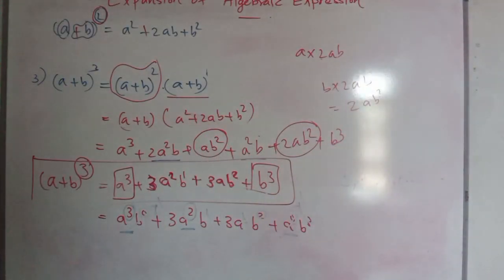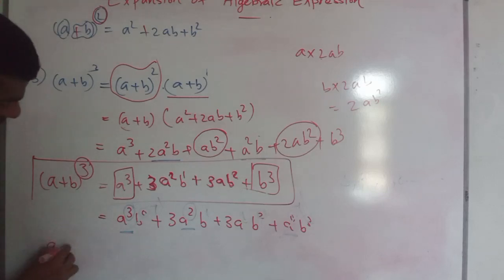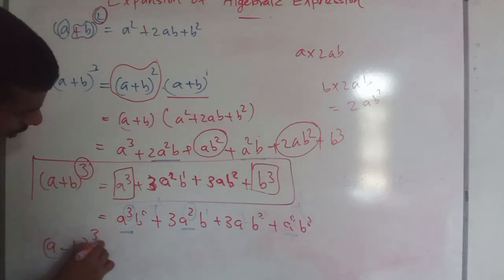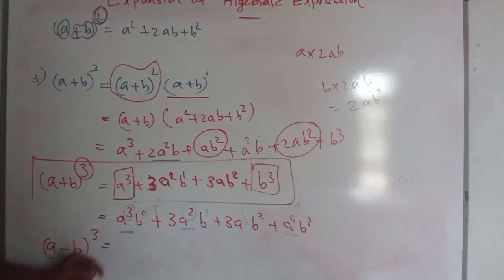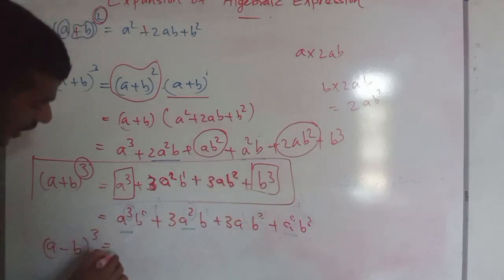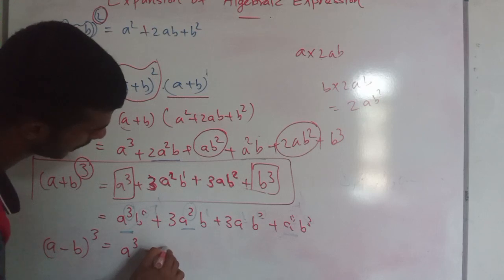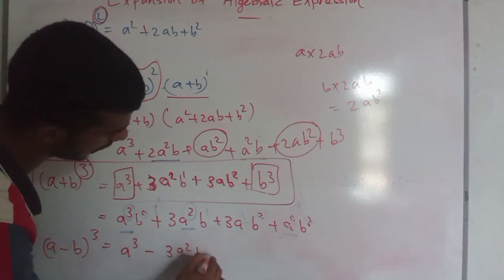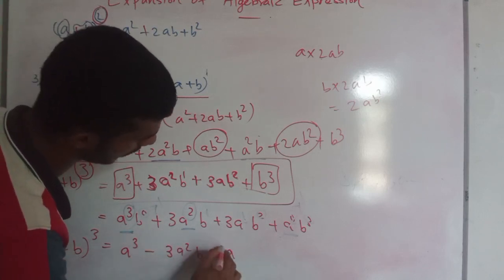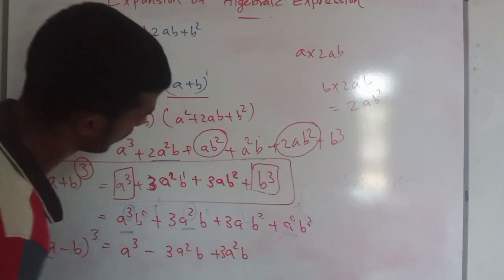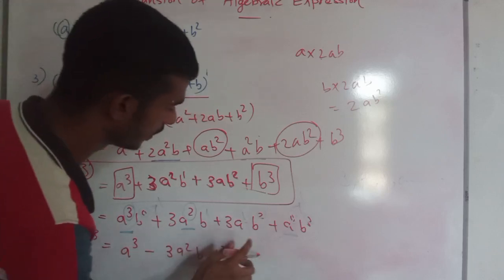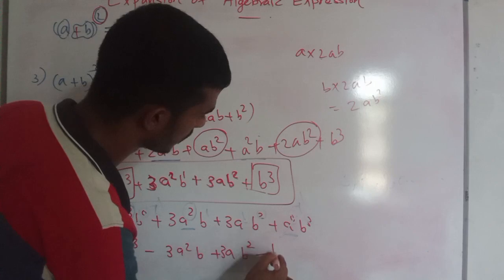Now see, (A minus B) whole cube. So the expansion of this is very simple. You just remember this one, right? So A cube, you put minus 3A squared B, plus 3AB squared, minus B cube.